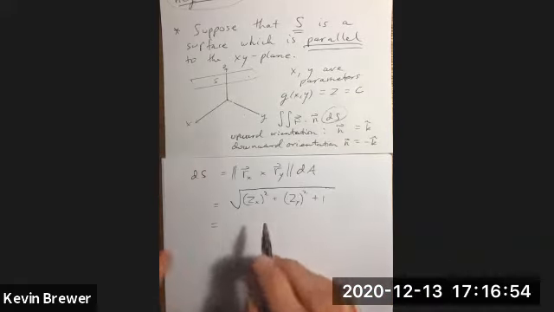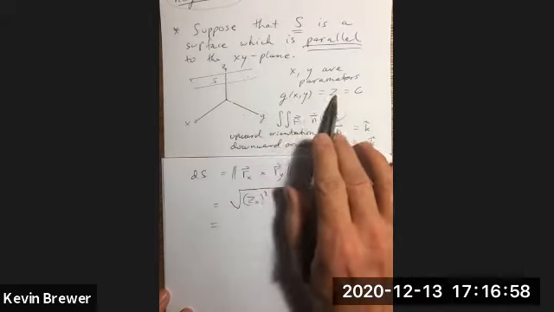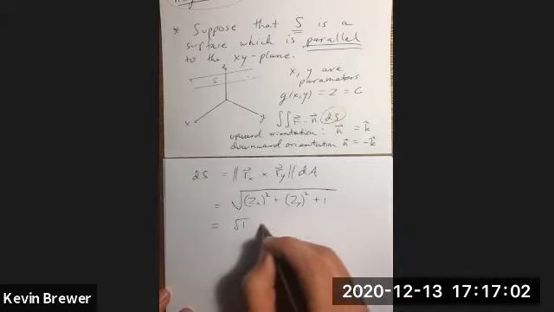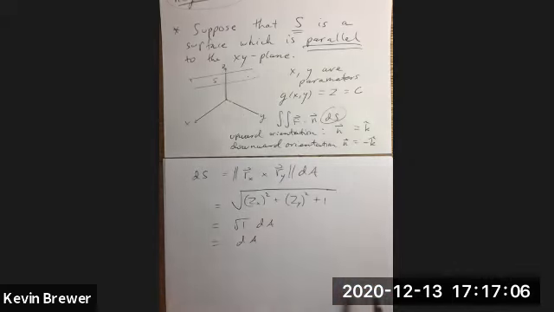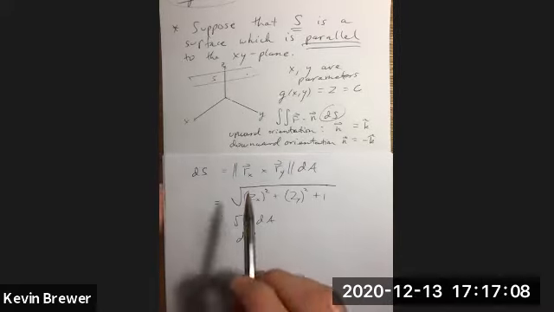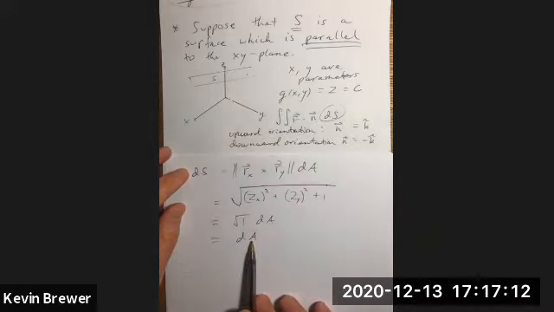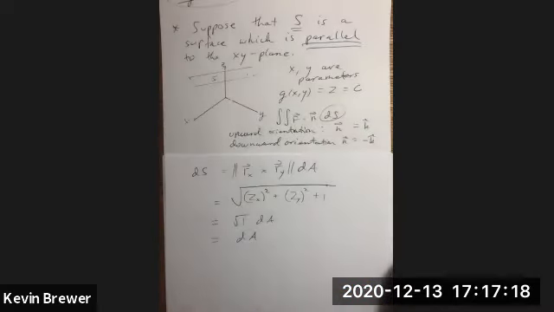The partial of z with respect to x and the partial of z with respect to y are both 0, so this is just the square root of 1 dA, or in other words dA, which totally makes sense. This differential of surface area is just the plain old dA. This is just the XY plane, moved up.